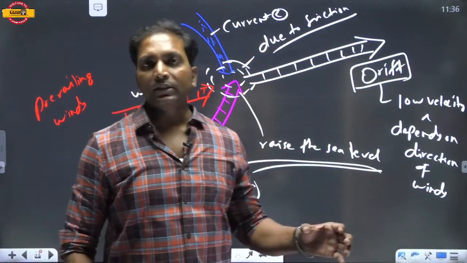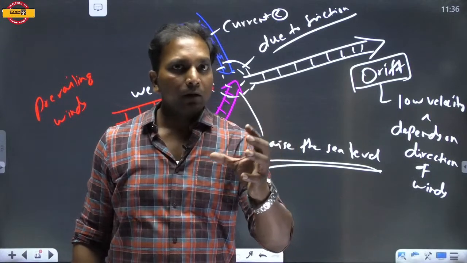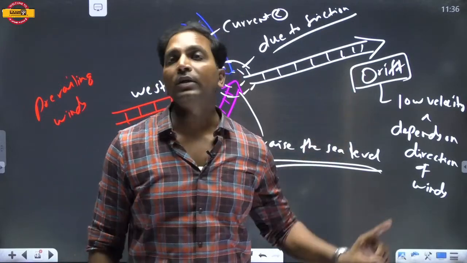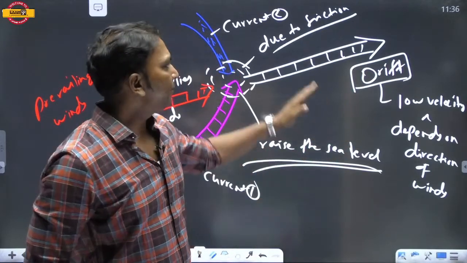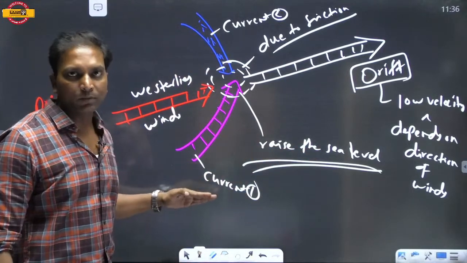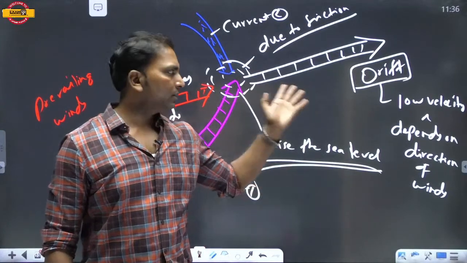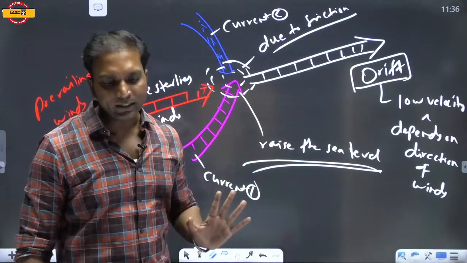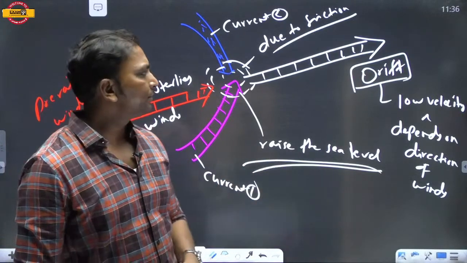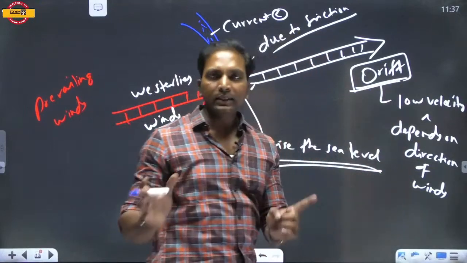So earlier we have discussed the current having a low speed with direction, but this one has no direction. It is affected by the winds. When winds come down by the shifting of pressure belts, these currents will also move down, because it is directed by the westerlies winds. So what about the difference between the current and the drift?